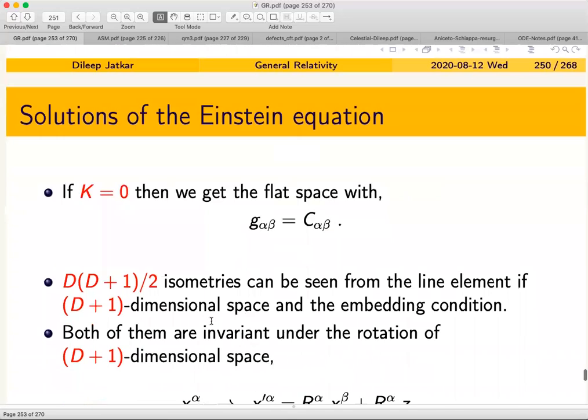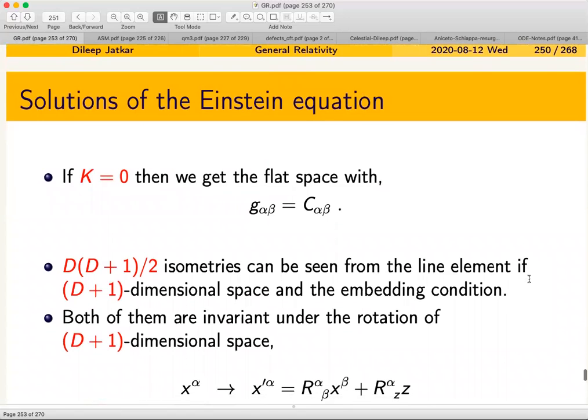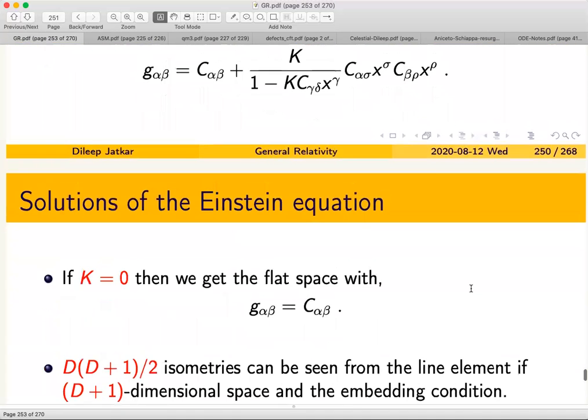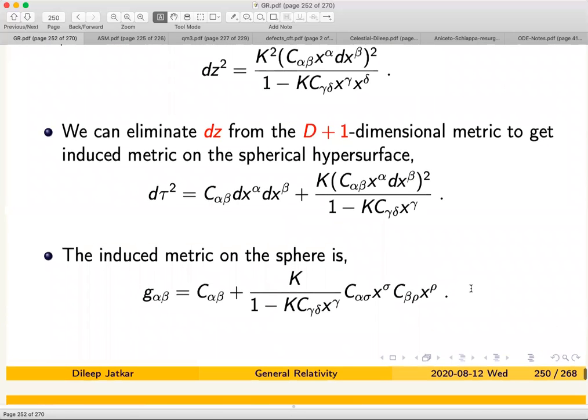Okay, and in this particular case, we should be able to see d into d plus 1 by 2 isometries from the line element of d plus 1 dimensional space. Okay, the way it happens is the following: a d plus 1 dimensional space was flat, right?